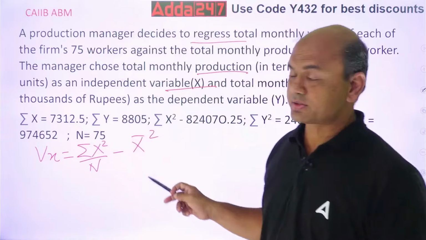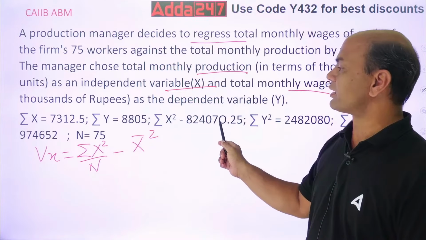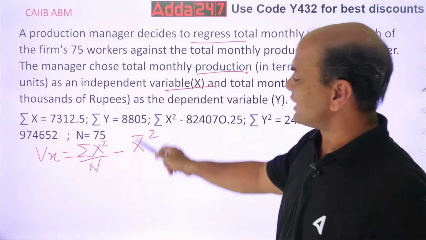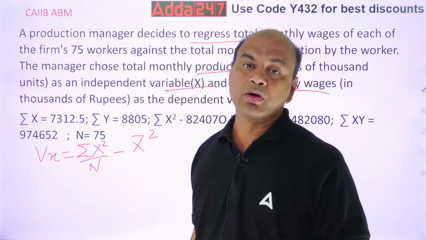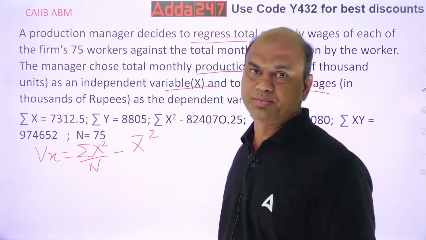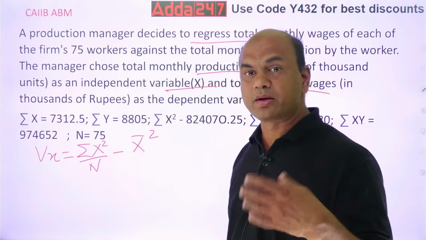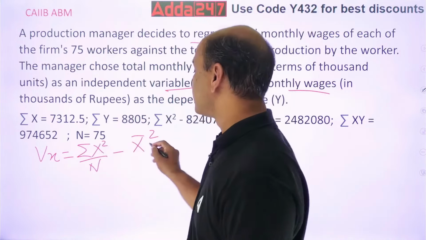You have to understand this. Summation x square, you are getting it, and n is 75. And what is x bar? X bar means total of x divided by n. I'll give you all the elements over here. So this is variance of x.